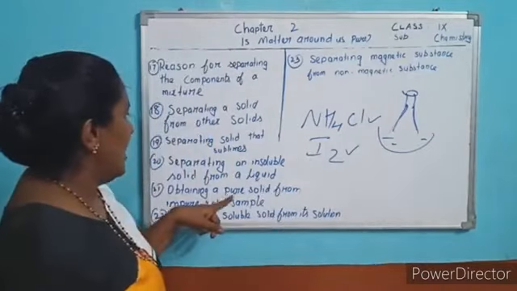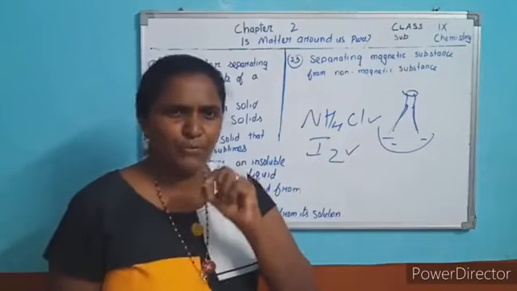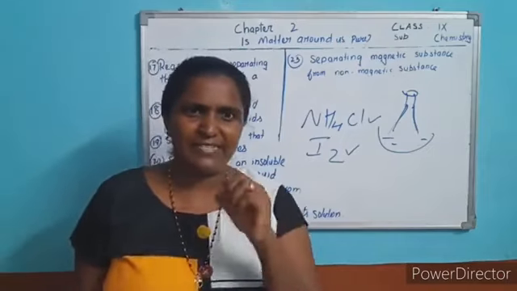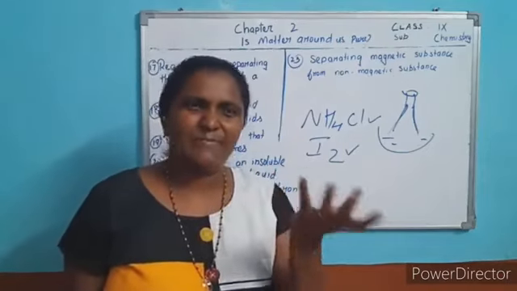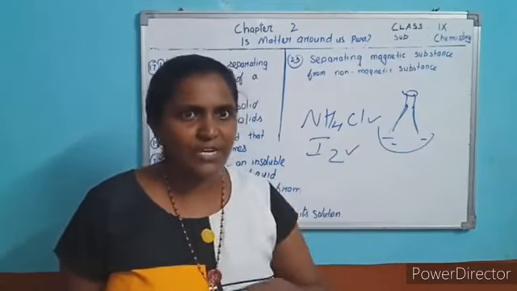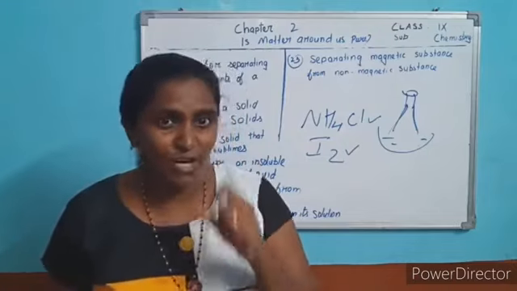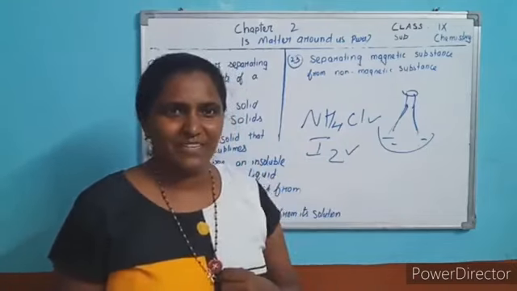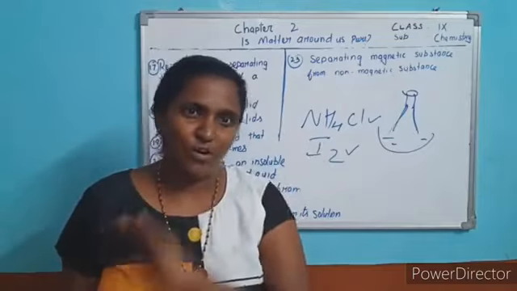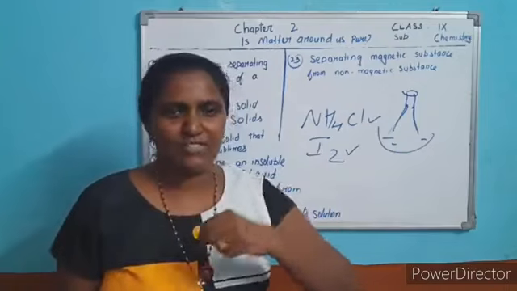Next question is, obtain pure solid from impure solid. Your solid is not pure. Some impurities are present. For example, NaCl, table salt. It has magnesium chloride, calcium sulfate, some salts. How will you remove the impurities? Go for crystallization. What principle does it follow? Based on solubility. Impurities do not dissolve in the solvent, whereas the NaCl sample will dissolve in the solvent.